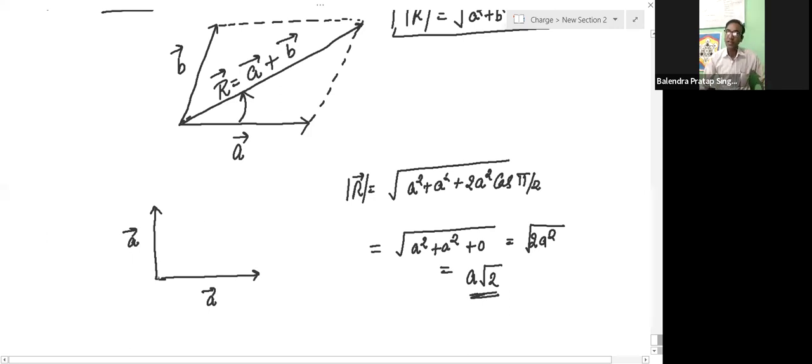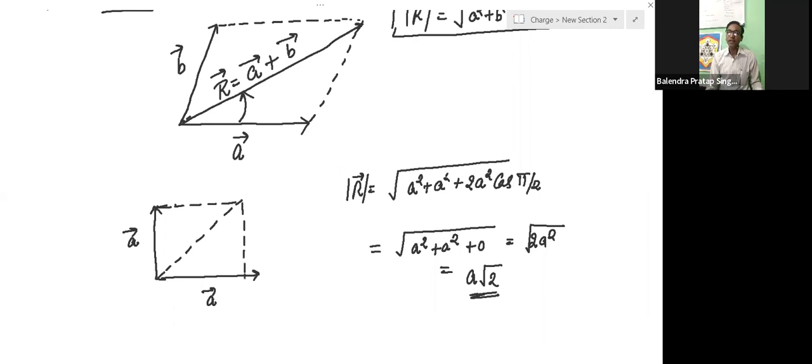And what will be the direction? If both vectors are equal, the resultant will go from its center. The resultant will bisect exactly the angle between these two vectors, which means this angle will be 45 degrees and this angle will be 45 degrees.